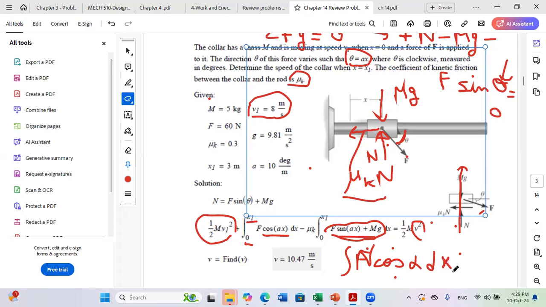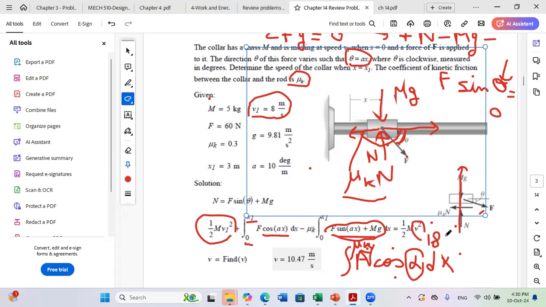But mu k N, sorry. But what is the angle between the friction and the direction of motion? This is the direction of motion, in positive x, and the friction is pointing in the negative direction. So they are opposite. The friction and the displacement are opposite. So what is alpha? Alpha is 180 degrees, okay?